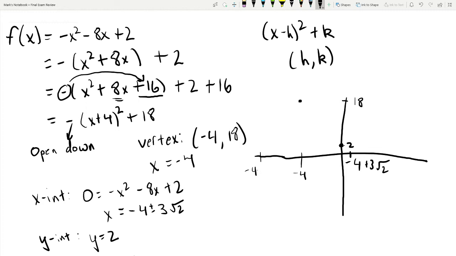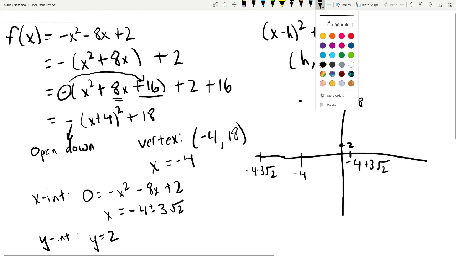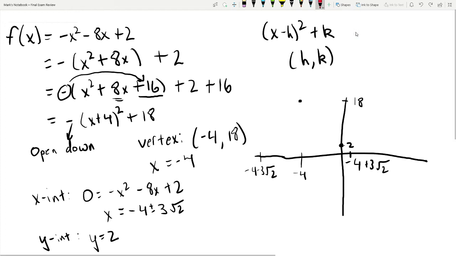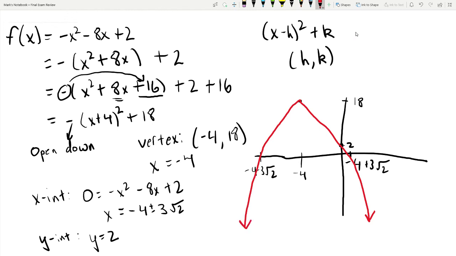This will be negative 4 minus 3 root 2. Okay, and so here I'll switch to a different color. Our parabola will look something like this. And notice here is our axis of symmetry, like I stated earlier.